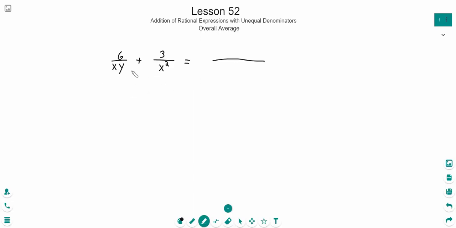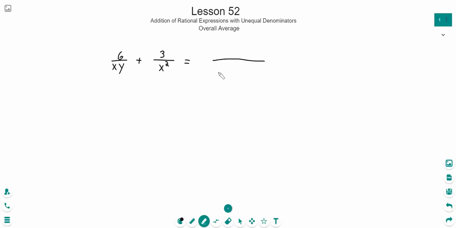So what I mean by that is, if we're looking at these two denominators, we recognize that they're dealing with x's and y's. And so we know we're going to have x's and y's in our common denominator over here. So to figure out how many of each, we need to look at each one of these terms and decide which term has the most of each, and then choose to use that many in the denominator.